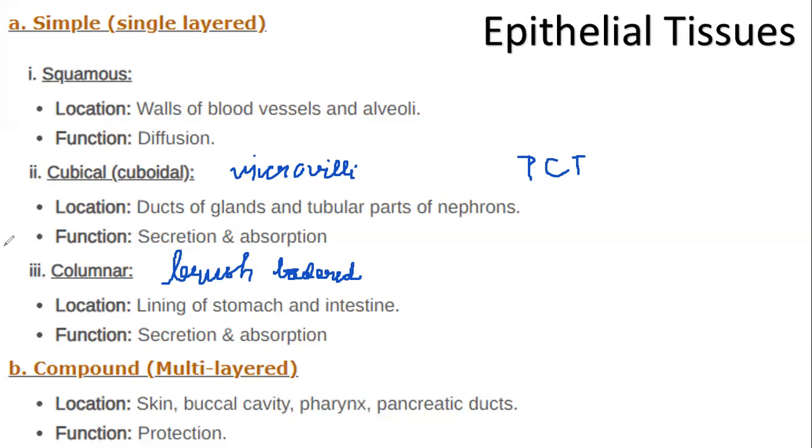Next, we are moving on with the compound epithelium. That consists of more than one layer of cells, or multi-layer of cells, and their location is in the skin, buccal cavity, pharynx, pancreatic ducts, and their function is protection.